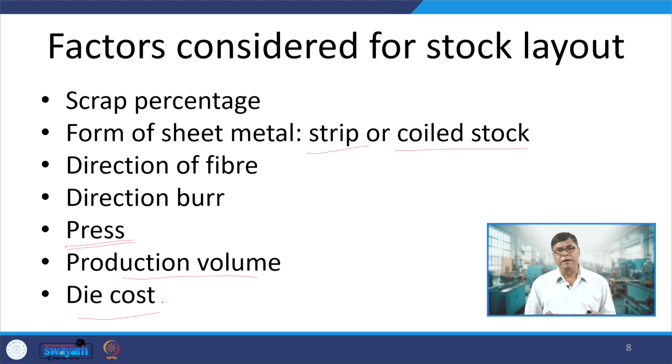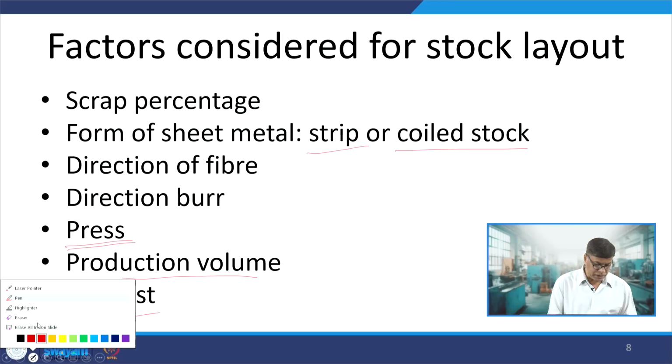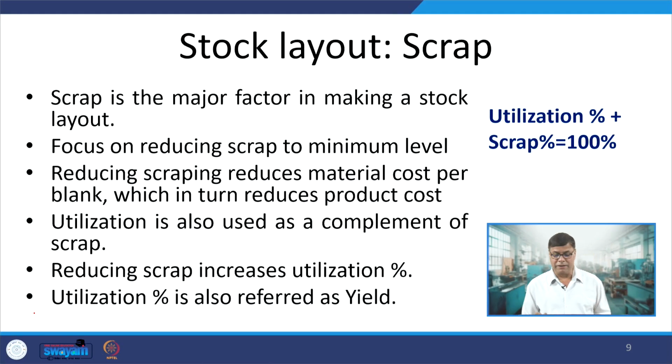Then the die cost is, of course, a very important aspect, because for more accurate blanks and complicated shapes of the blanks, the dies are costlier as compared to simple shapes and somewhat less accurate ones. So, there are multiple factors affecting the die cost, which are based on the stock layout.